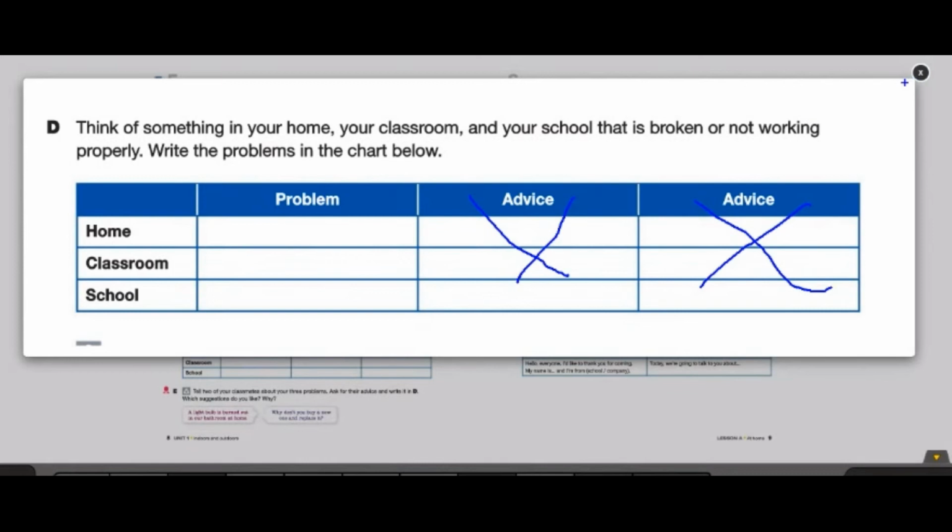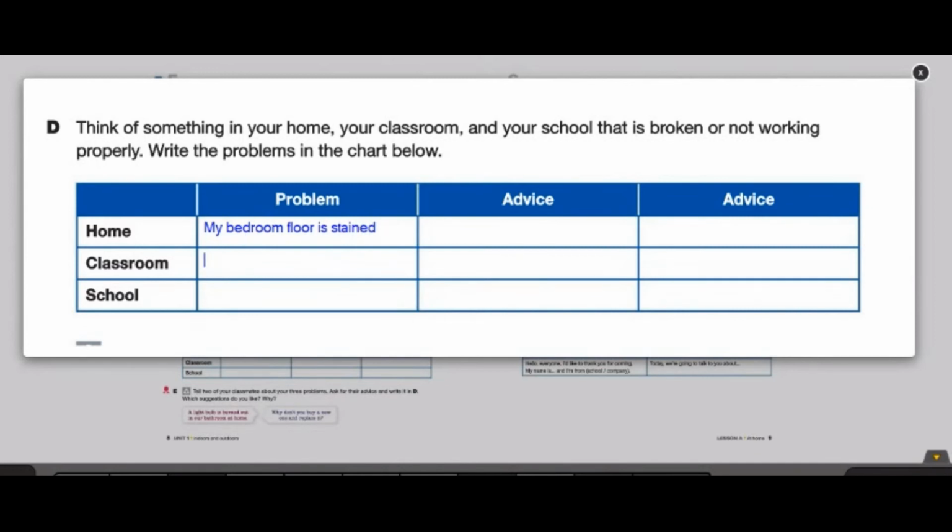So you have to use the vocabulary you learned. Think about a problem in each of these places. For example, at home, one problem in my house: my bedroom floor is stained. You have to use the vocabulary that we learned, right?